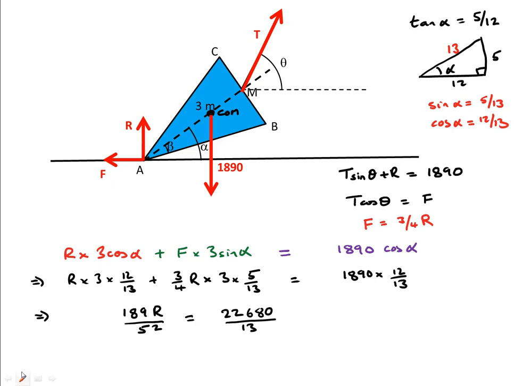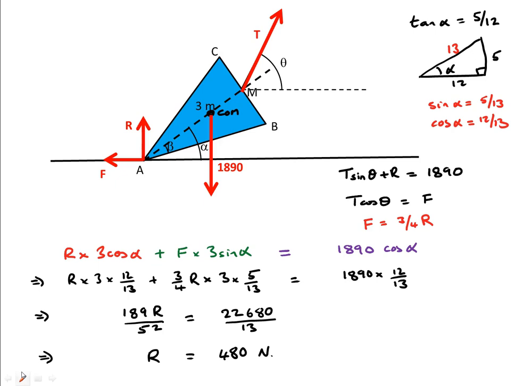Tidy that up, and we've got 189 over 52 R equals 22,680 over 13, which simplifies to R equals 480 newtons.